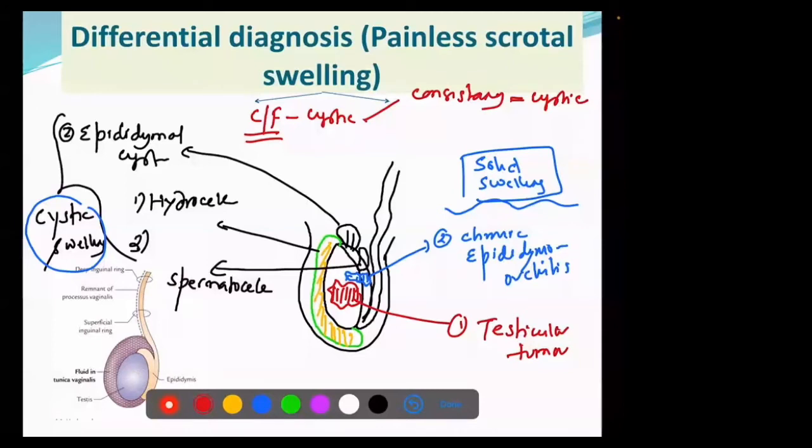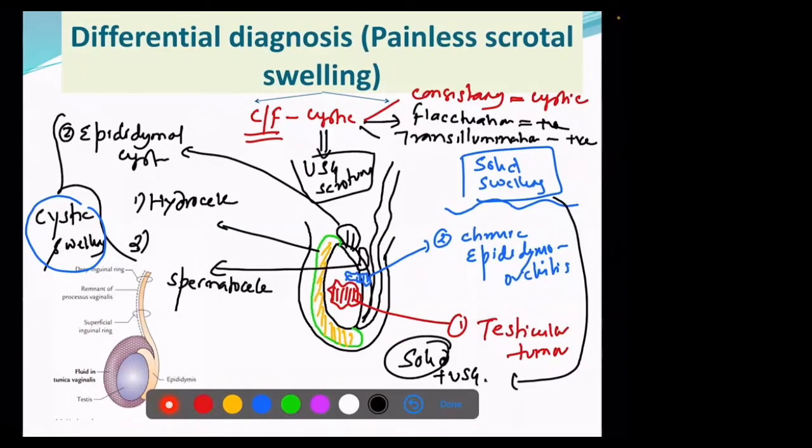And if you use your two fingers to fluctuate, it is usually positive. Fluctuation is positive and transillumination is positive. But to confirm, you can do an ultrasonogram of the scrotum.